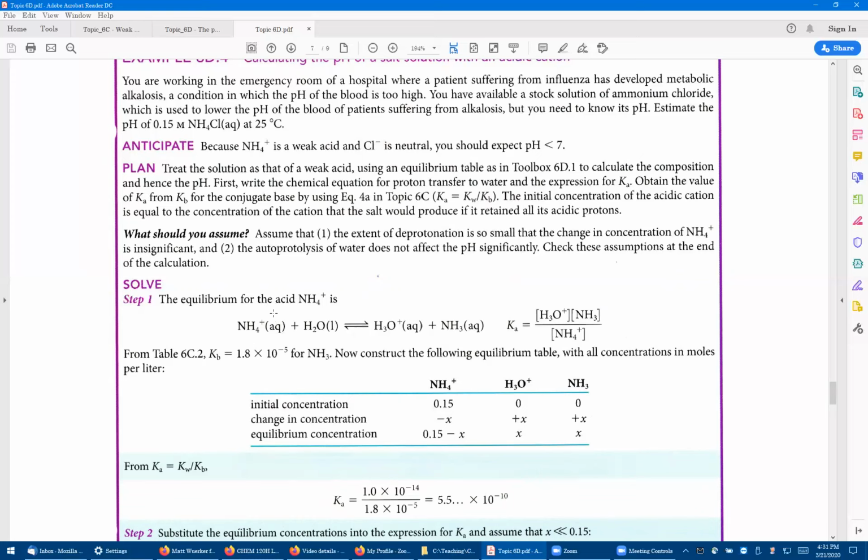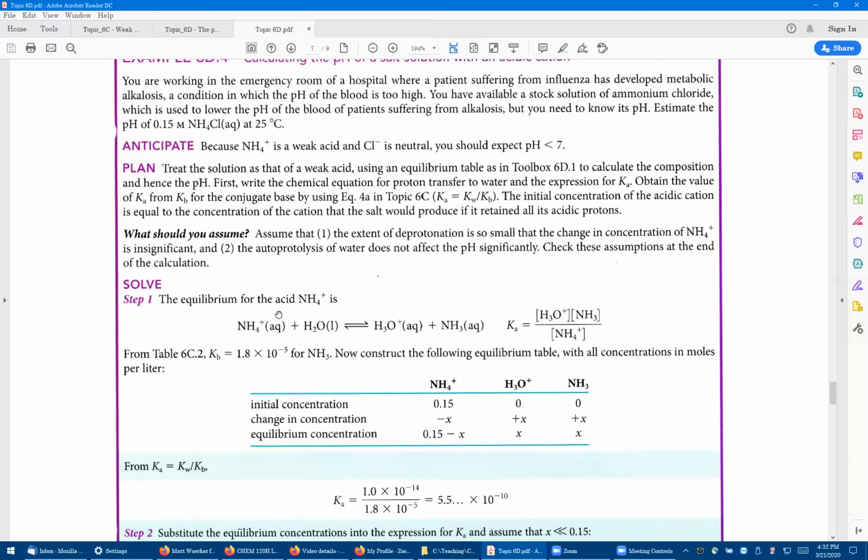It comes from a separate solution that contains ammonium ions to begin with, and in fact, it contains ammonium chloride, as we just said. So the ammonium ion reacts with water to form hydronium ions and the conjugate base of ammonium, which is ammonia. And of course, hydronium ion is the conjugate acid of water.